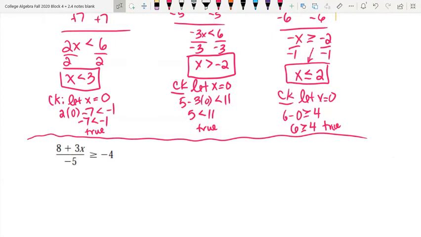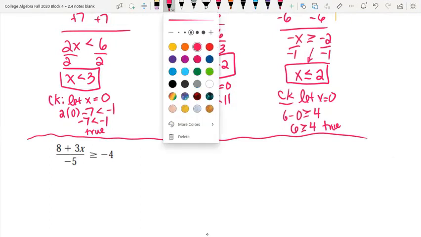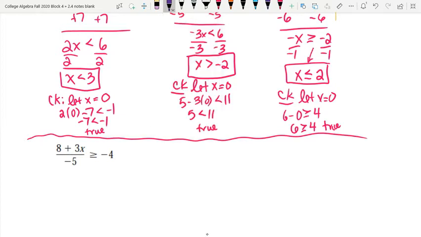This last one here. Let's get rid of that negative 5. So we're going to multiply both sides by negative 5. Likewise, when you multiply by a negative or divide by a negative with an inequality, flip the sign. So we get 8 plus 3x is now less than or equal to 20.